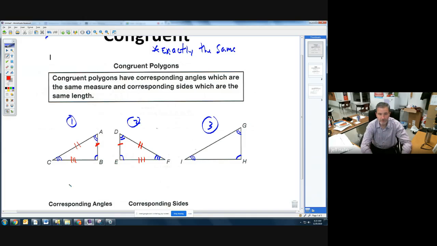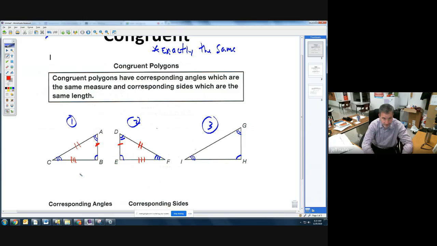So with that being said, here is the deal. Congruent polygons have corresponding angles that are the same and corresponding sides that are the same. They both have to be the same. So here is how we would write this mathematically.